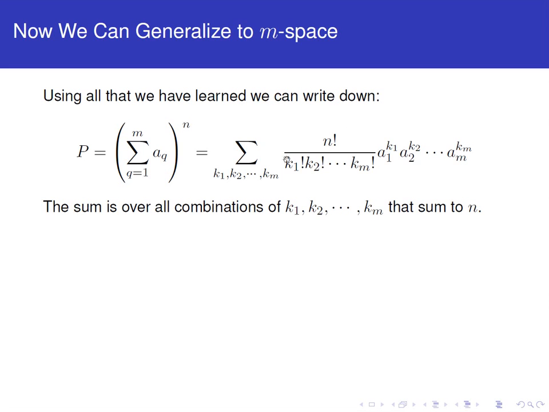Up in the numerator, when we calculate the number of combinations that we can arrange these letters, we have n factorial divided by the number of a sub 1's we have, factorial, times the number of a sub 2's factorial, and so forth. So this term right here is exactly identical to the number of ways that we could arrange hearts, frogs, and yellow widgets.